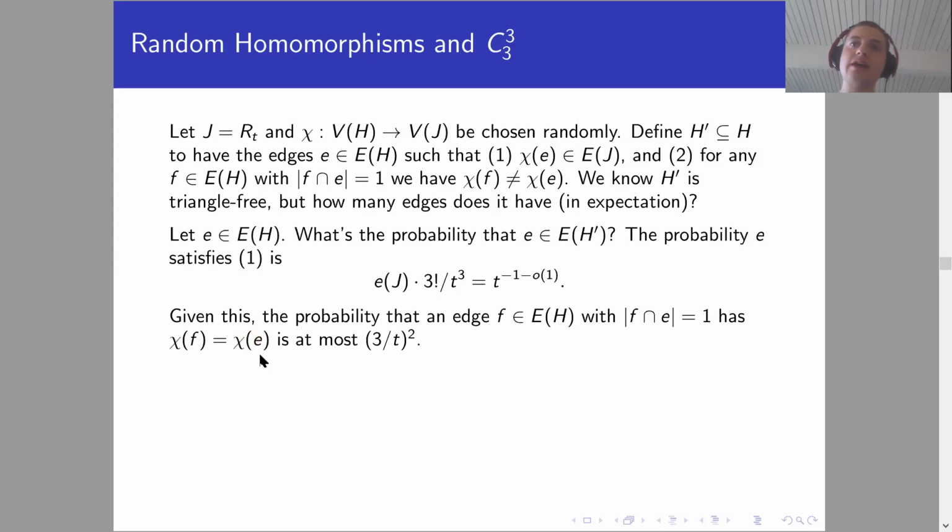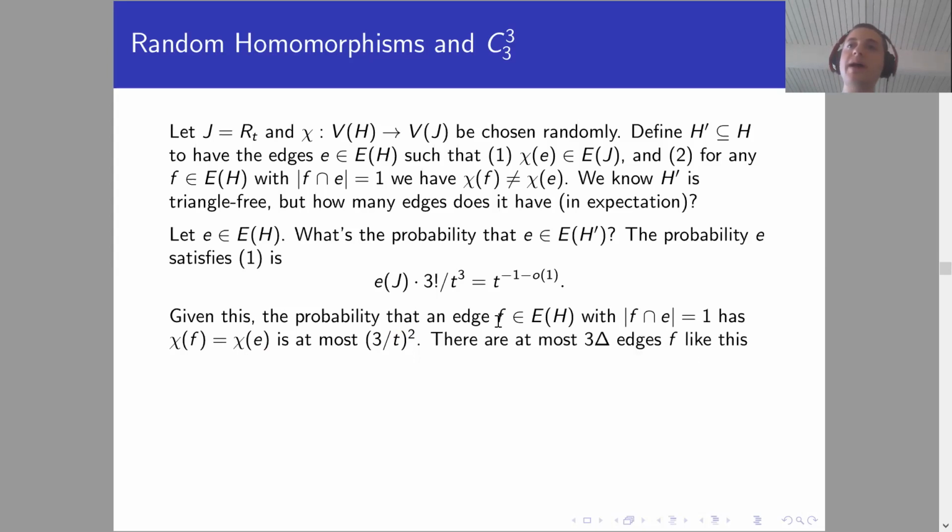For any given vertex, there are 3 places that it can map to land in here out of the T possible places that it's going to end up. And it's independent whether each of these vertices ends up in the center. So the probability of having chi of F be a subset of chi of E is at most 3 over T squared. In particular, this probability of being equal is at most this.